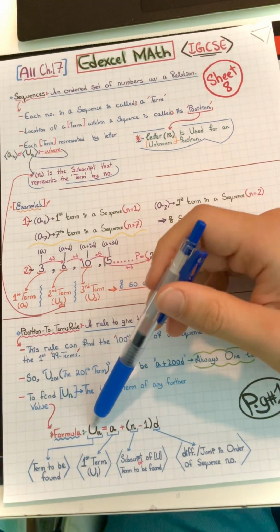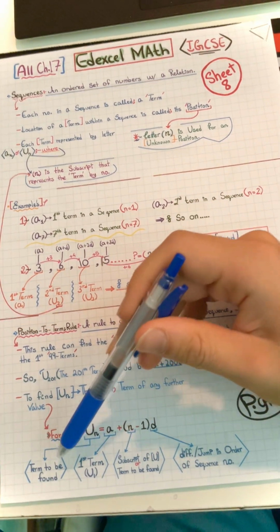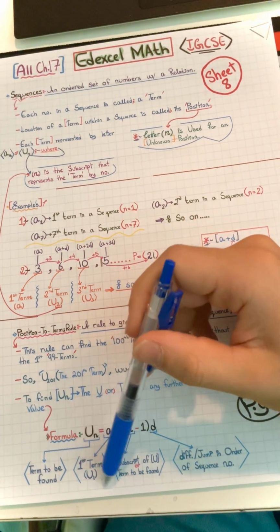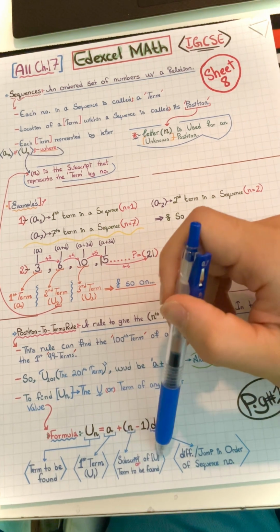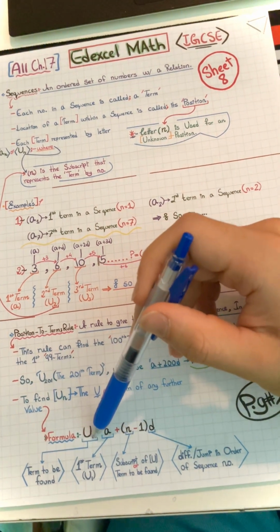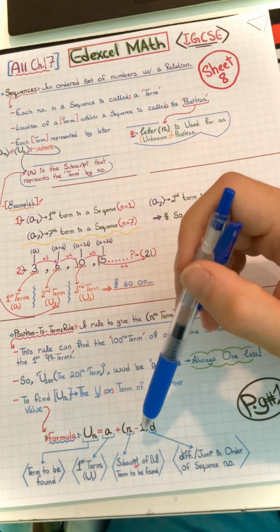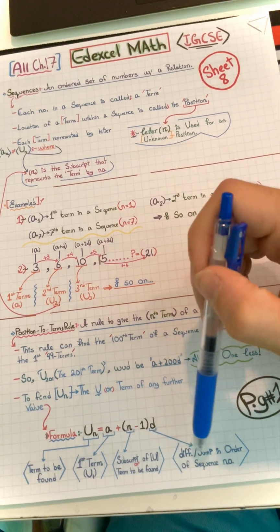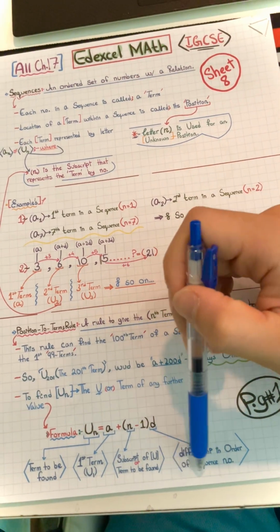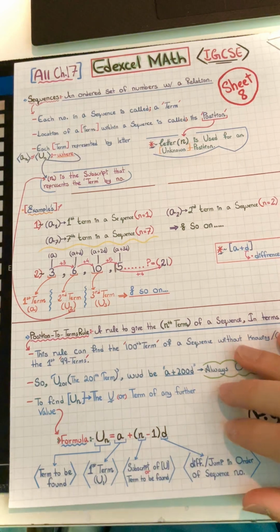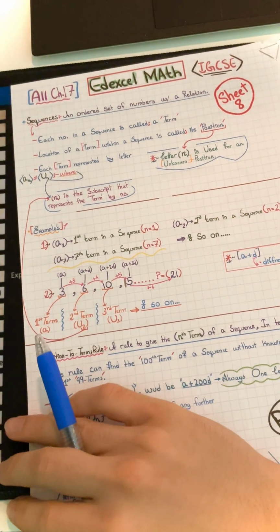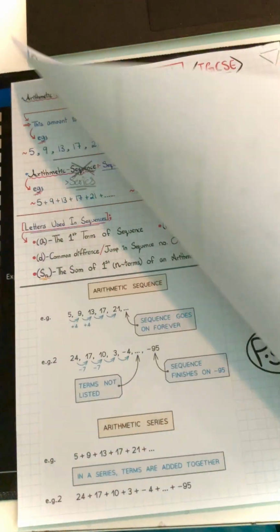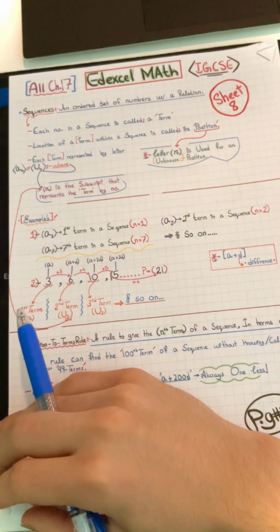Where U of n is the term that you need to find, A is the first term of your sequence, n is the subscript of the U, that is the term to be found here, and D is the difference or jump in order of the sequence numbers. Let's have a look at some questions now to help us understand how to use this formula in solving questions.